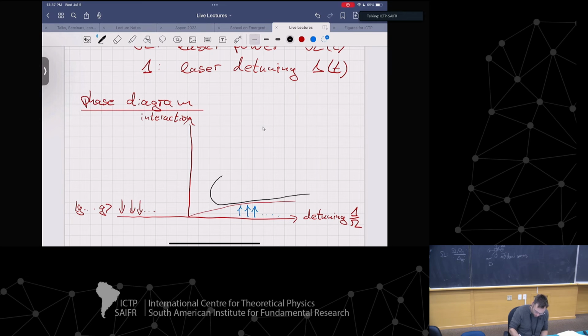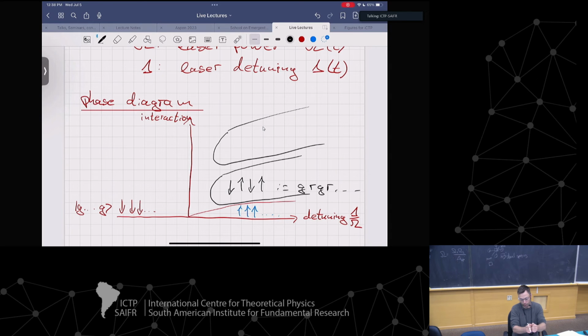So now I'm getting a phase where, I forgot, spin down is ground and up is Rydberg. So I have ground, Rydberg, ground, Rydberg, and so on. In spin language this is just an antiferromagnetic phase. And then, if I go higher, think of the blockade radius.